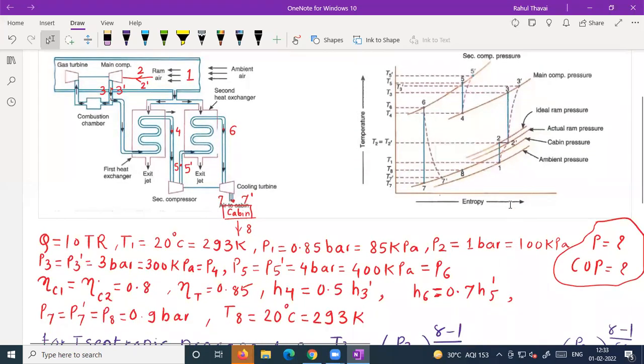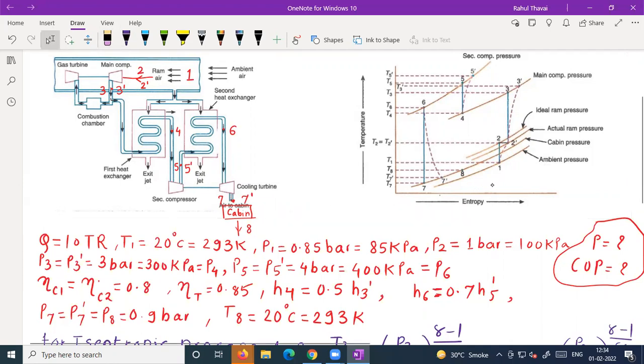When you talk about this process 2 dash to 3, it's an isentropic process. Yes, 2 dash to 3 is an isentropic process. Is it okay? Let me know.